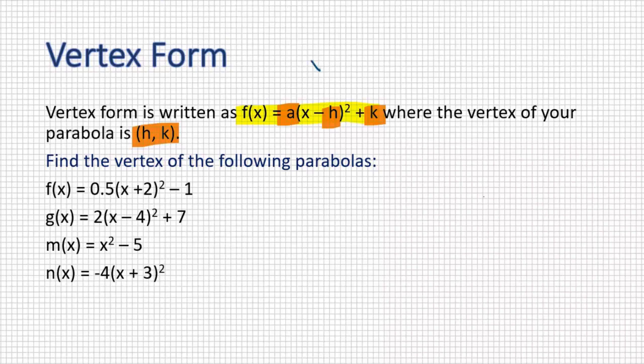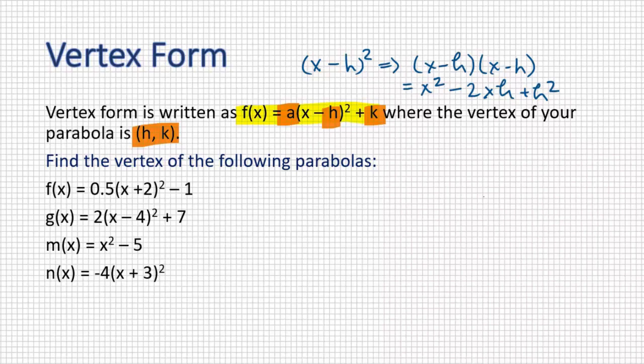It's a little bit less obvious here since the x is tucked into the brackets, but if we expand, we get (x - h)(x - h), and multiplying the binomials together gives us x squared minus 2xh plus h squared. So that's where we find the power of 2 when our function is written in vertex form.